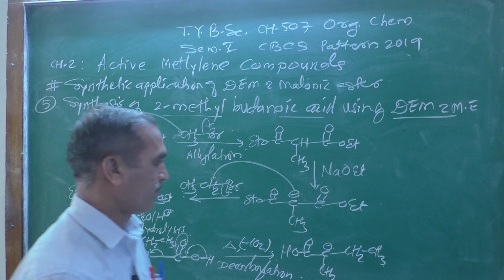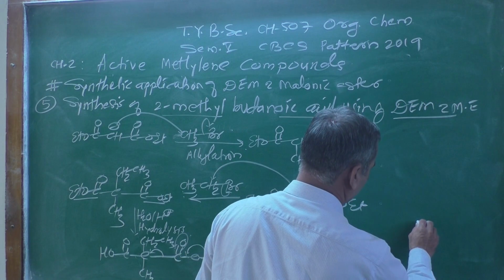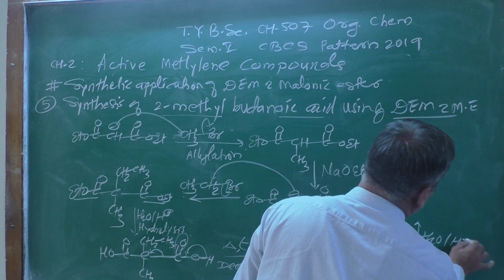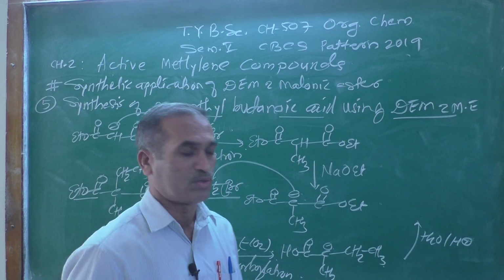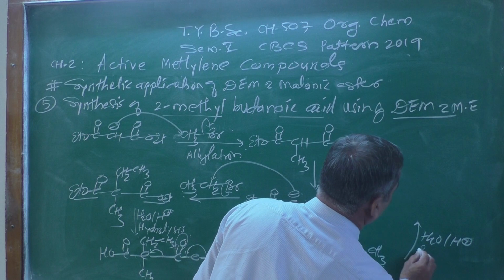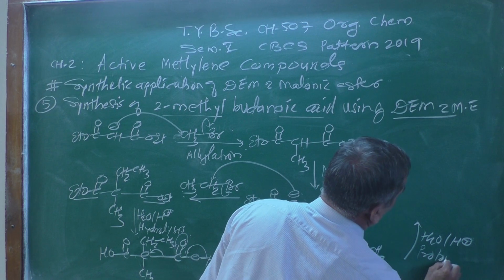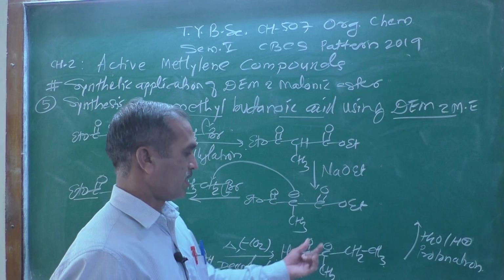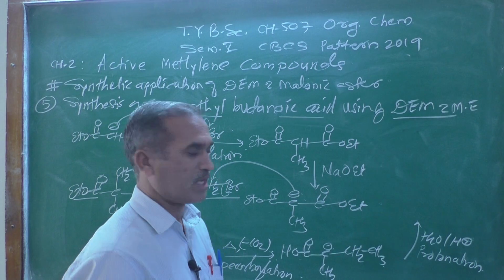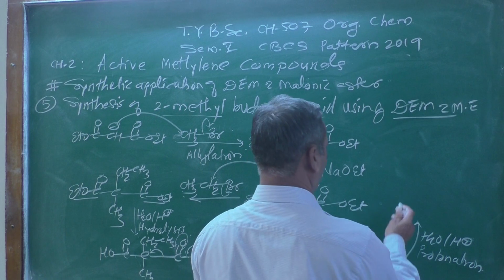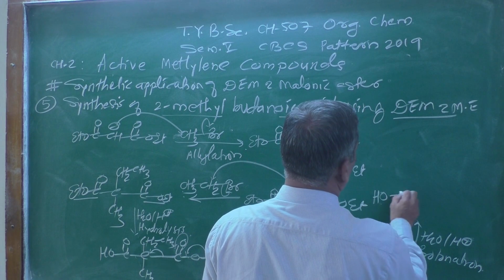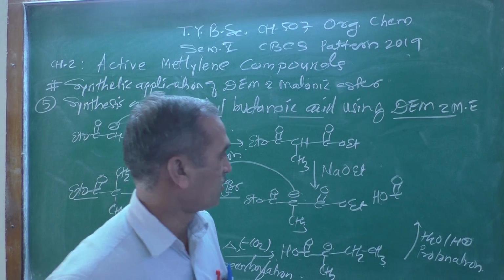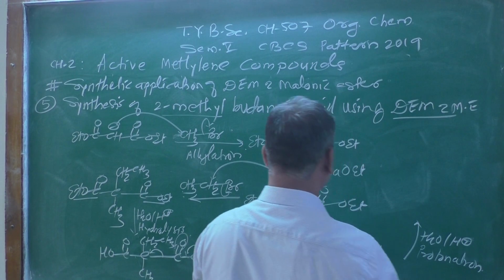And finally, what is the next step? Next step will be H2O in presence of H plus, and this process is known as protonation. And in the protonation, what happened? This carbanion can pick up a proton from the water molecule and it will become HO, C double bond O. Then I am showing that properly over here.